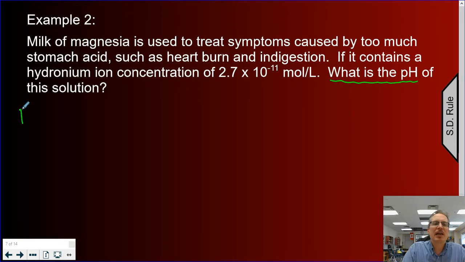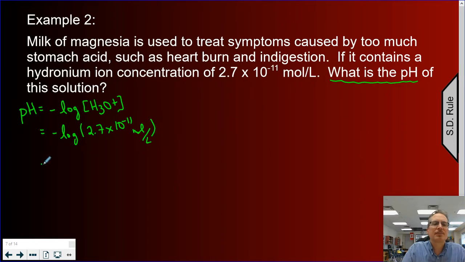So my formula again is pH equals negative log of the hydronium ion concentration. So substituting in negative log of 2.7 times 10 to the negative 11 moles per liter.